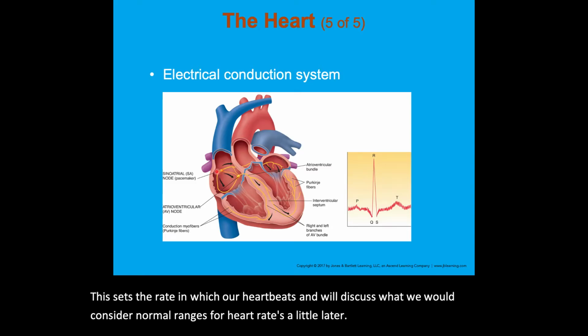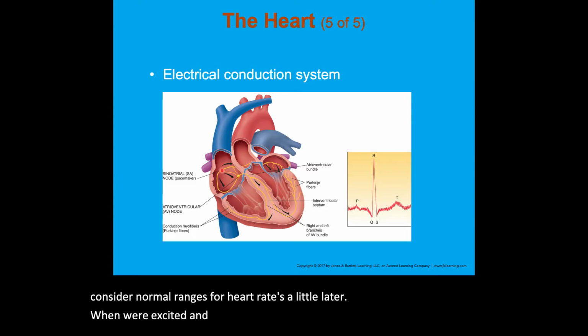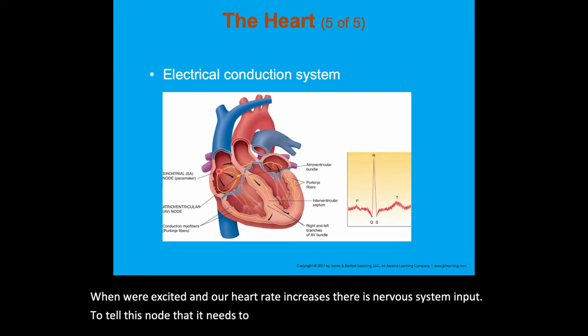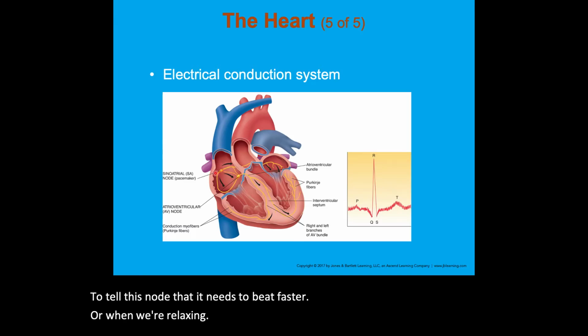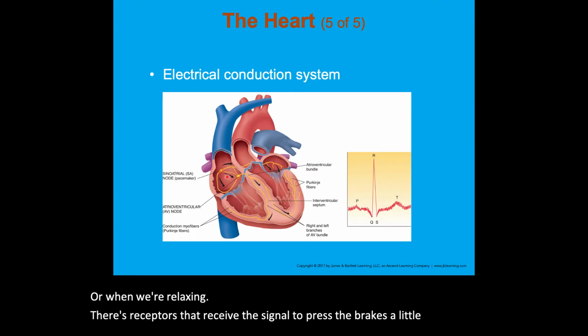When we're excited and our heart rate increases, there is nervous system input to tell this node that it needs to beat faster. Or when we're relaxing, there are receptors that receive a signal to press the brakes a little bit and slow down.